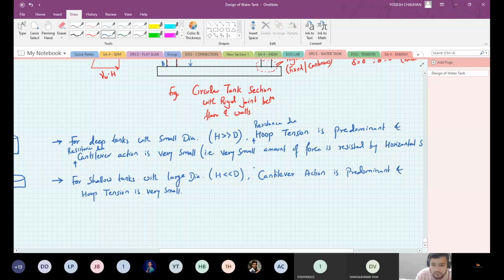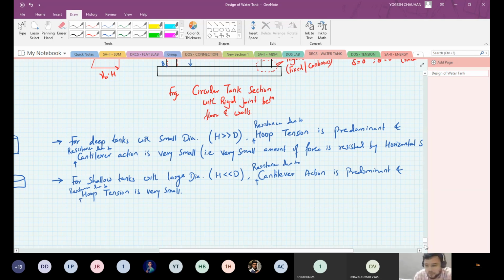Same here, the resistance due to cantilever action is predominant, and the resistance due to hoop tension is very small.